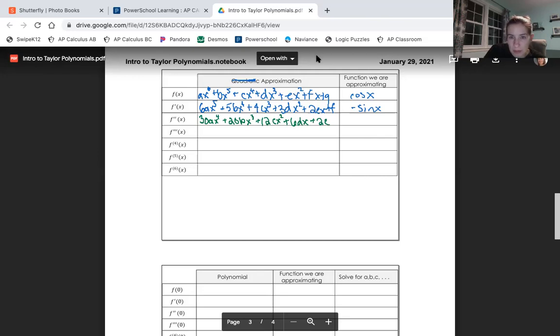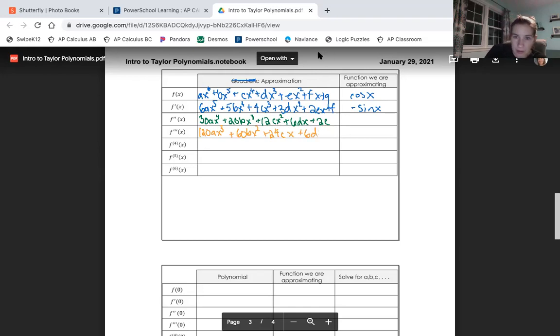All right, so maybe I'll make a little rainbow. Oh, the yellow's not going to work. I'll do orange. All right, so now let's bring the next one down. So 4 times 30, that's 120ax cubed plus 60bx squared plus 24cx plus 6d.